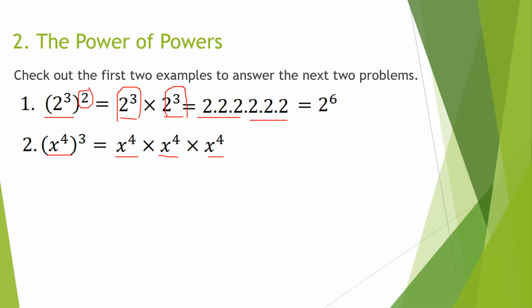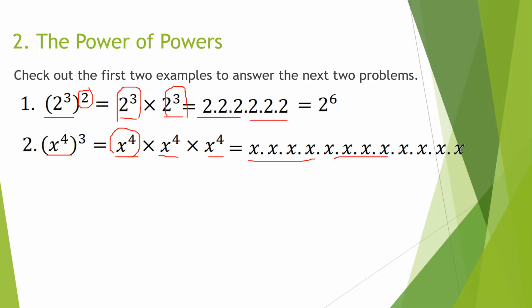After that, we can expand each term. So x raised to 4 can be written as x times x times x times x. The next one, x times x times x times x. And the last is x times x times x times x. So when we count all of those and rewrite as an exponential expression, the result is x raised to 12.